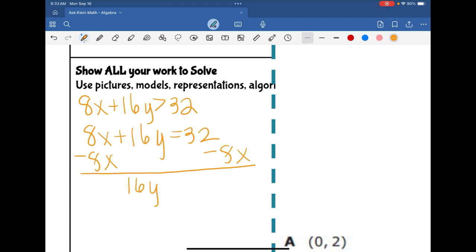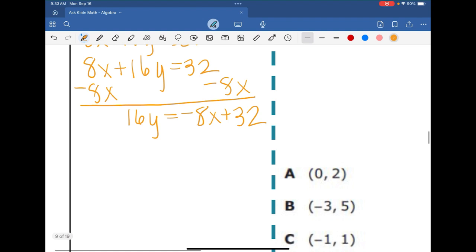I'm left with 16y is equal to, and I think I'll put the slope in front of the y-intercept. The variable I'm solving for is y, and I'm going to do the inverse of multiplication, which is division, and divide underneath each piece of my equation.